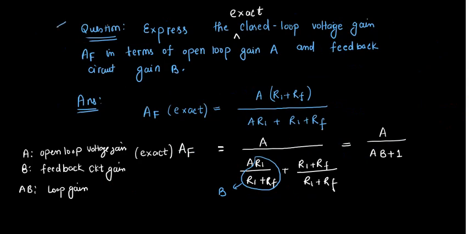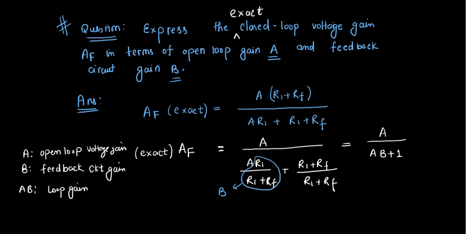Next, the question in hand is: express the exact closed loop voltage gain AF in terms of open loop gain A and feedback circuit gain B. We have just obtained the feedback circuit gain, that is B. And we know that the open loop gain of the op amp is always given to you.